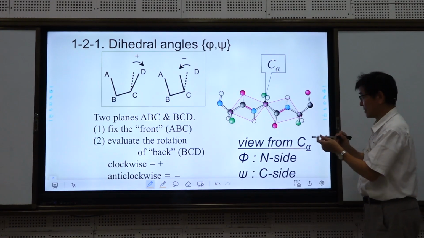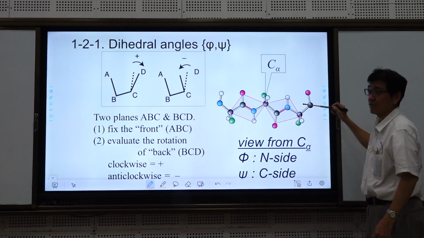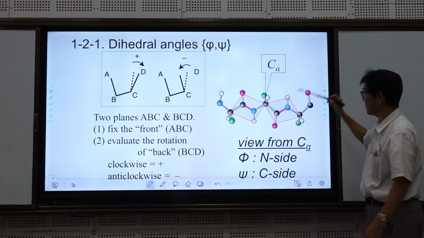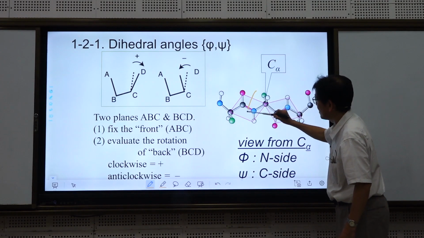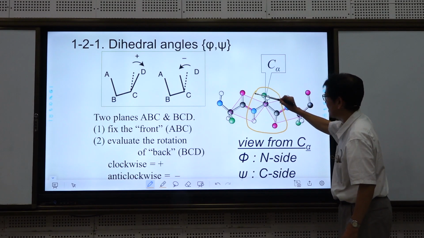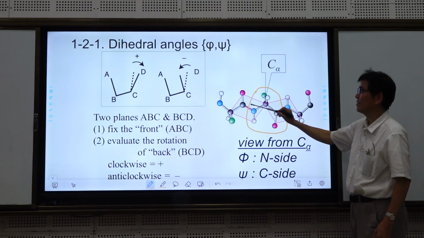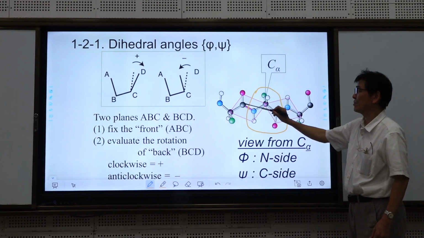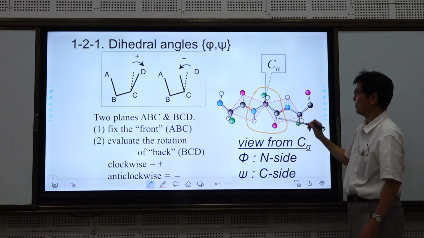And already I explained, this is a polymer that consists of the amino acid. Originally, amino acid is this part. So NH2 is covalently bound to COOH. So this bond is newly formed.